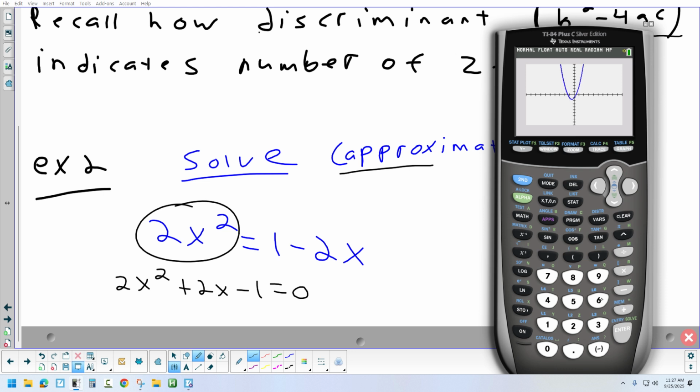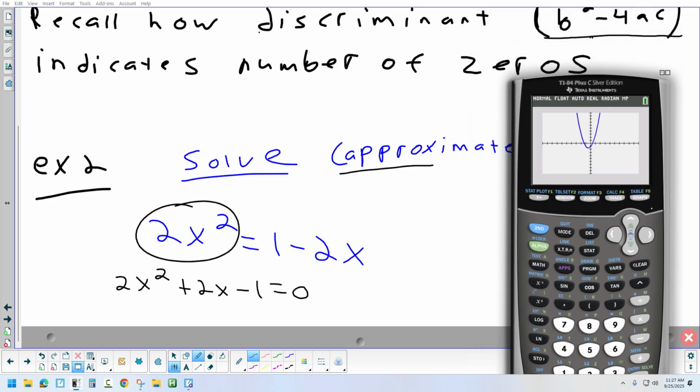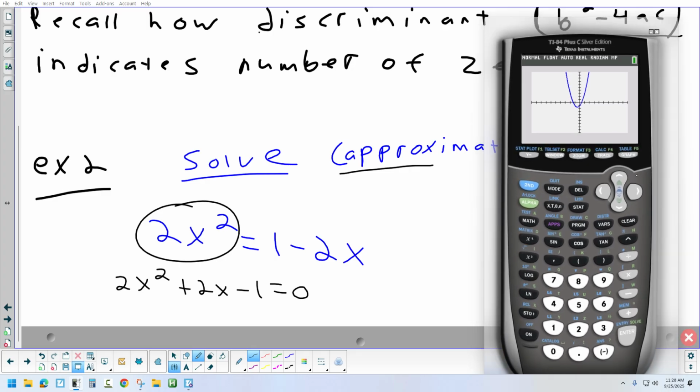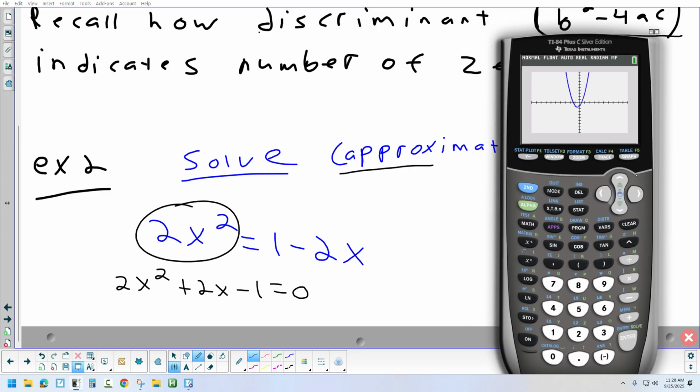Okay, is that a good window? Yeah, I can see the bottom of the parabola. It's perfect. How many times does it cross the x-axis? Twice. Yep. So what we want to do is figure out exactly where it crosses. What do we call where it crosses again? Yeah, the x-intercept. It's also known as the zero.